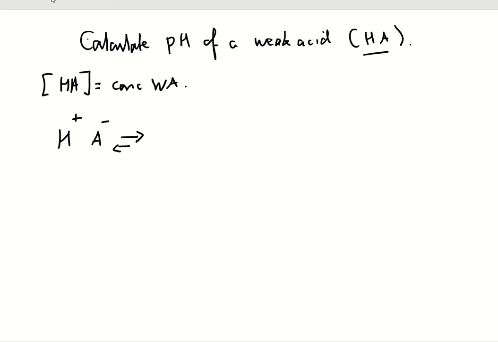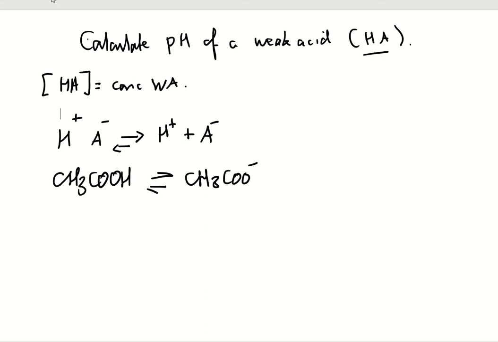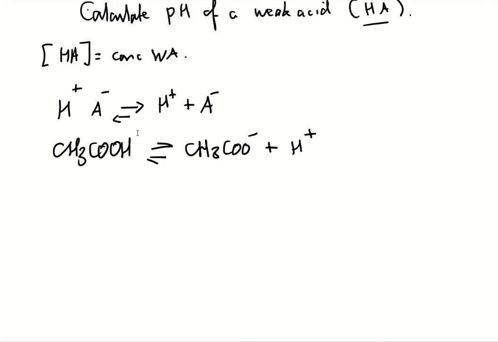So you'll often see the weak acid dissociating, without these charges on the left hand side, into H+ and A-. For example, if I talked about ethanoic acid, the A minus would be the ethanoate ion, and of course the H plus is just the H plus. So the HA is just a generic way that we'll use to refer to weak acids primarily.